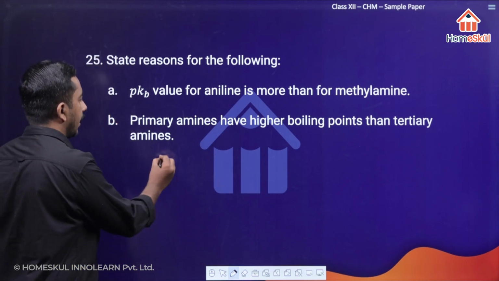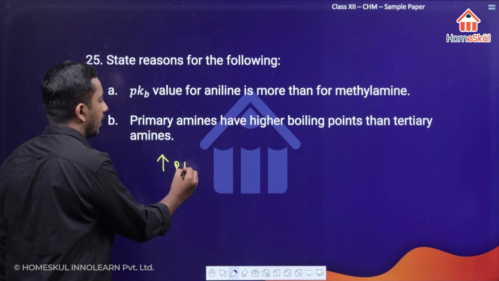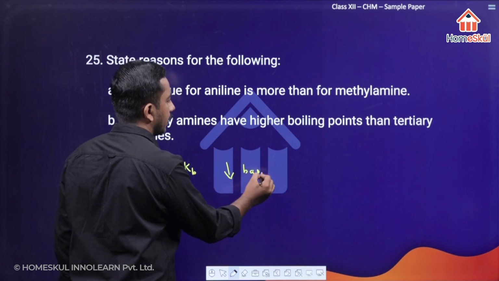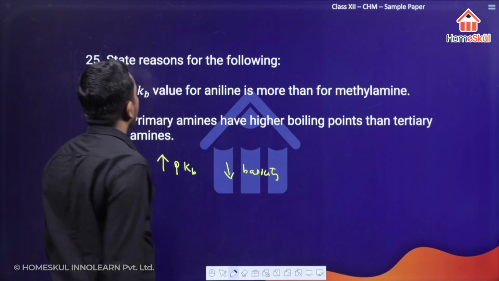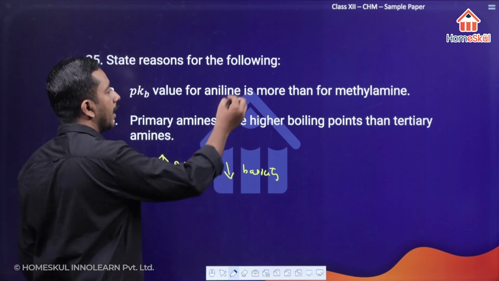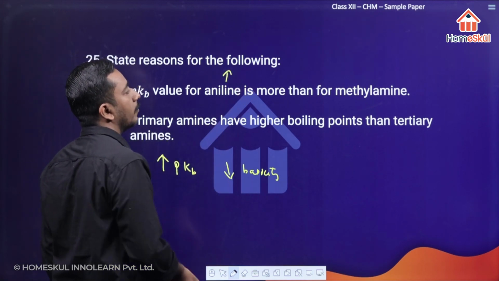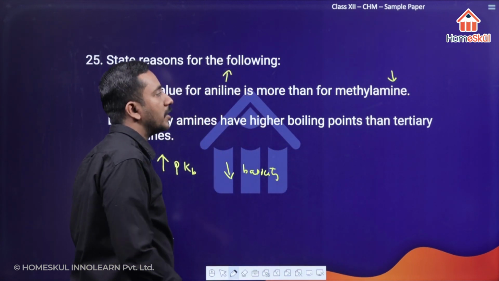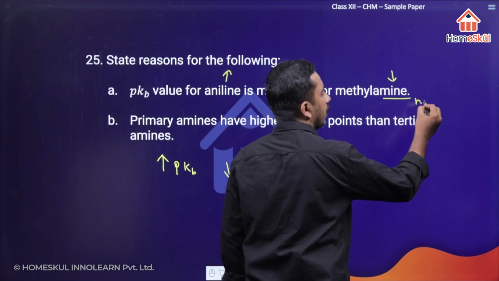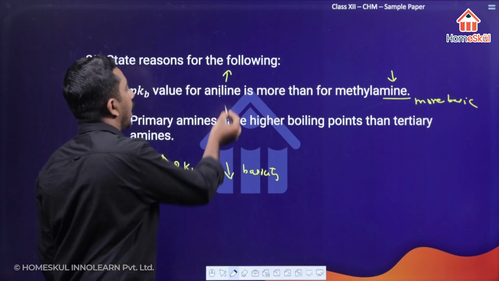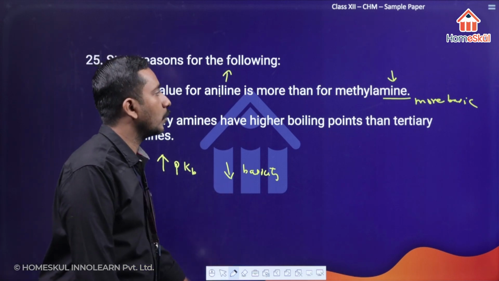So we know that greater the pKb value, lesser the basicity. Right. So aniline has a greater pKb value and methylamine has a lesser pKb value, which means that methylamine is more basic than aniline. So why is methylamine more basic than aniline?